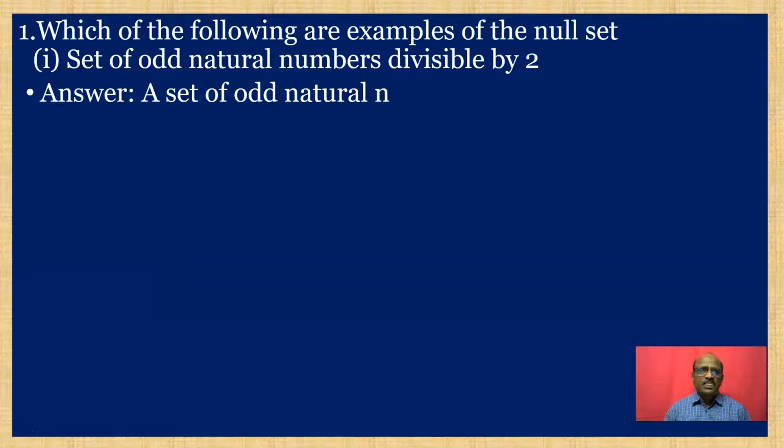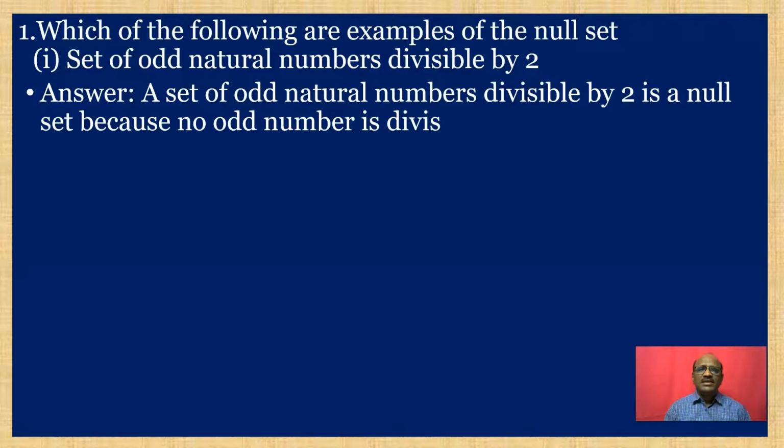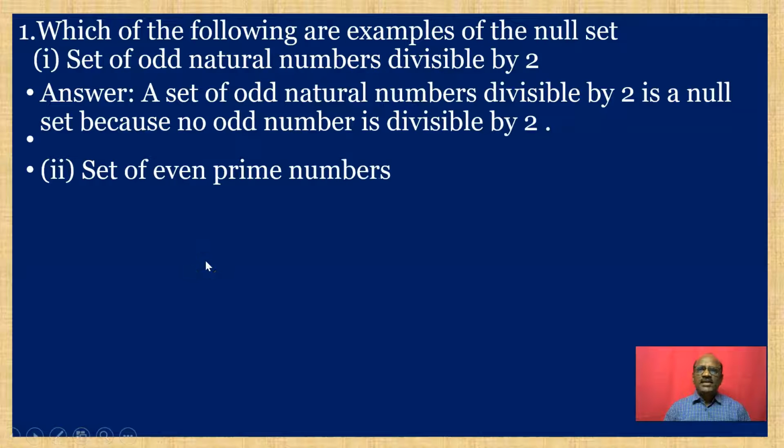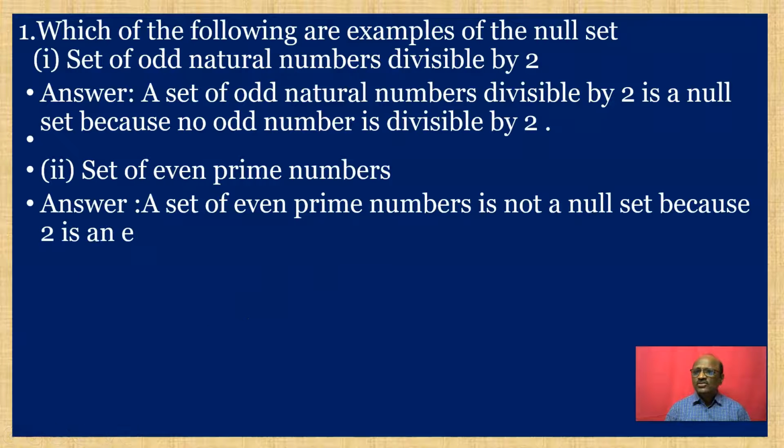A set of odd numbers divisible by 2 is a null set because no odd number is divisible by 2. Set of even prime numbers. A set of even prime numbers is not a null set because 2 is an even prime number.